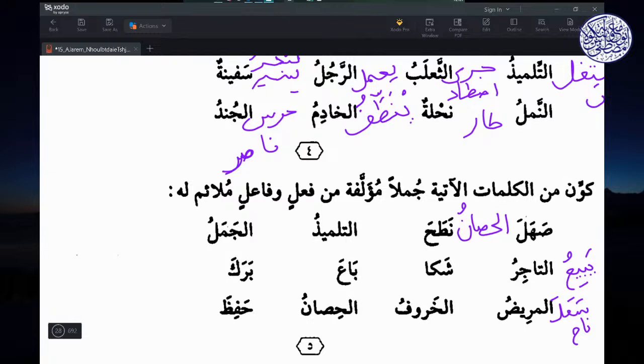طيب. نطح, نطح, I put a total. الثور. نطح الثور. نطح الحصان. نطح الماعز.